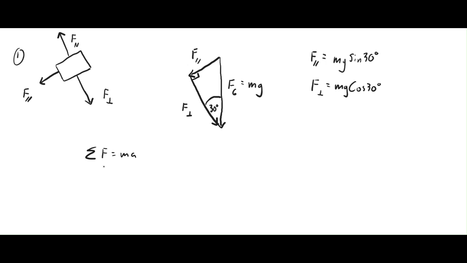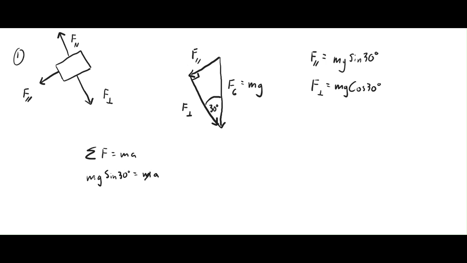And we only have this one parallel force. This F parallel is mass times gravity times sine 30. And that is going to equal the mass times the acceleration of our block.